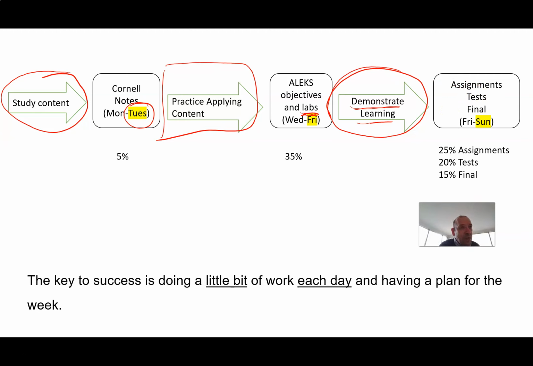The questions might be worded in a slightly more complex manner than what was in the homework. You're going to have time constraints, and you're not going to have all of the explanations that you had when you were working through the ALEX objectives. And certainly you can't submit drafts to me of this stuff.